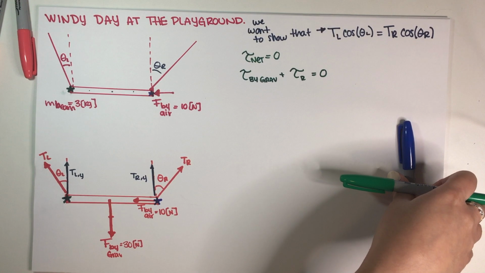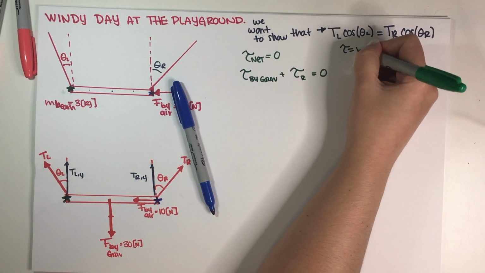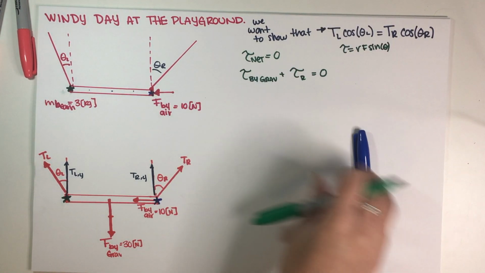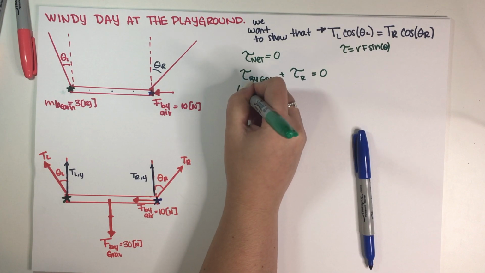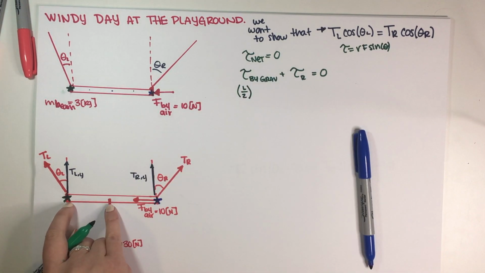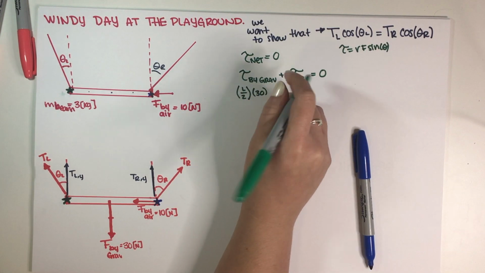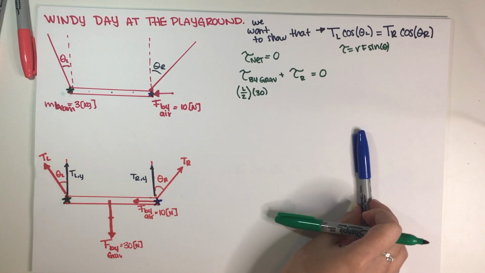Now, torque by gravity, let's just go ahead and use our basic torque equals R F sine of angle equation. Torque by gravity is equal to L halves, because it's half the length, times 30, times sine of 90 degrees, which is equal to 1, so I'm not going to write that.